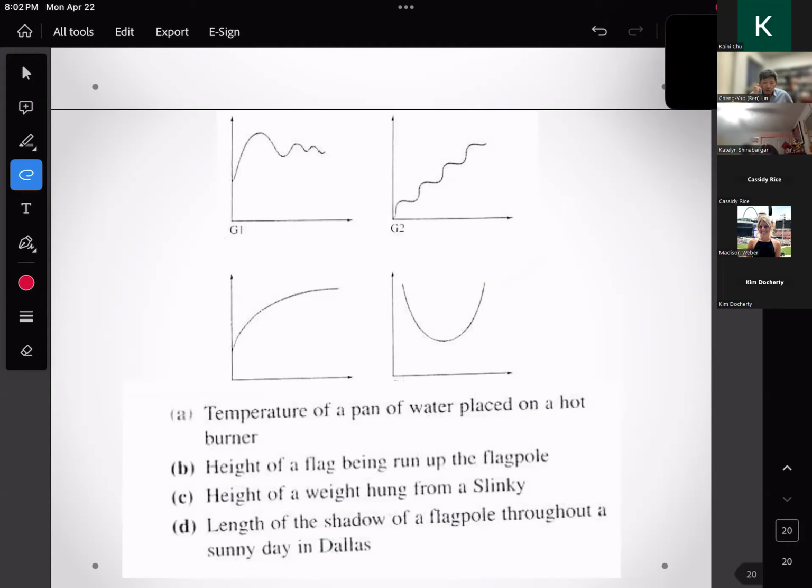Okay, it looks like you're done, right? Okay, let's go over this. Temperature of a pan of water placed on a hot burner. What do you think? This one, or this one, or this one? Which one? 1, 2, 3, 4. Which one?